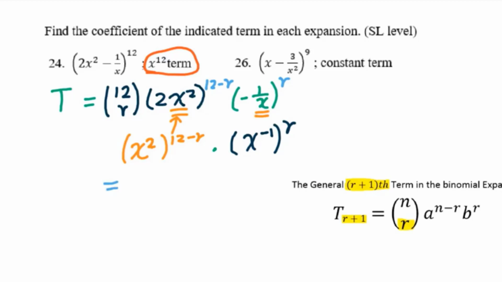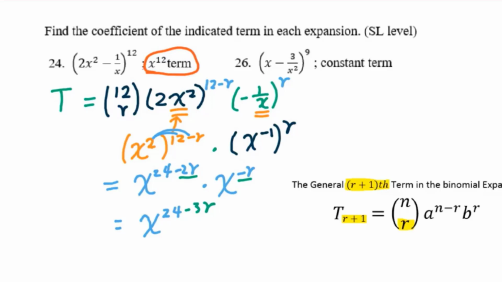So this is a power multiply. X is 24 minus 2r times x to the negative r's power. Multiplication of power, we add exponents. So 24, combine like terms, negative 2r plus 1r, that's negative 3r.